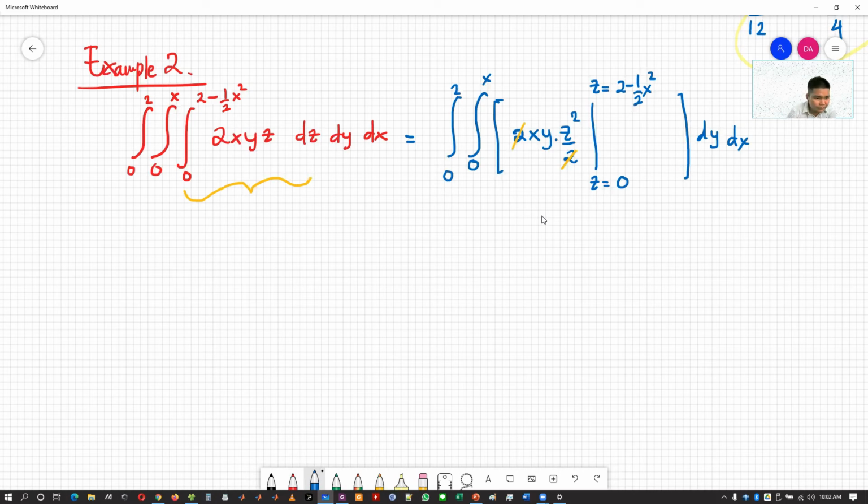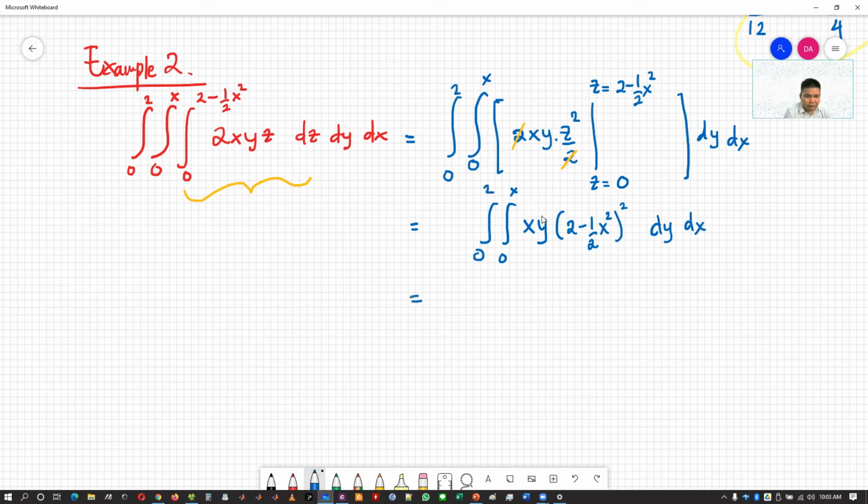Now, what do we have? I just simply plug in this expression. I write down x, y, and then the z I simply integrate and substitute this function, 2 minus half of x squared, squared. And z is 0, I do not put it in because it is 0. Then dy, with the boundary of y from 0 until x, and then dx from 0 until 2.